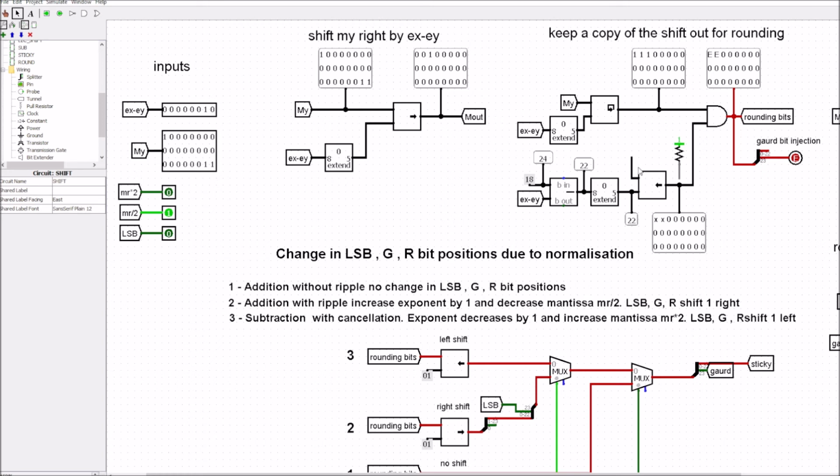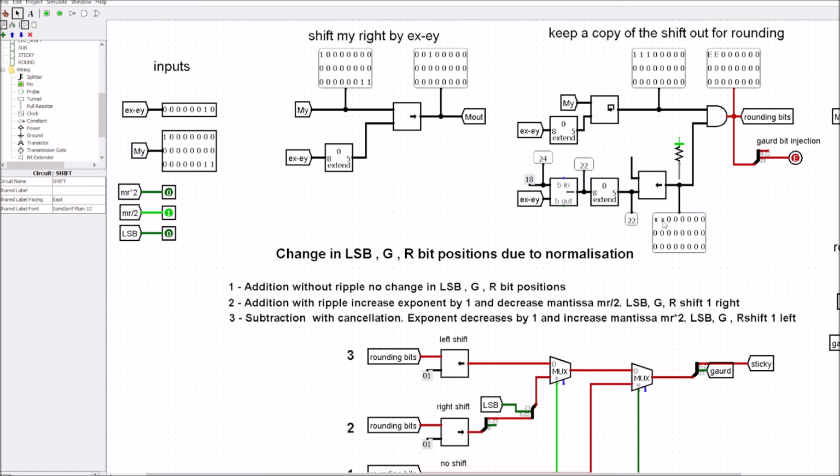But what we can do is negate this error by just pulling this point high, and that's what I do with this resistor connected to a value of 1. It just pulls this point high. So rather than getting the don't know condition XX, it replaces the don't know condition with a value of 1, which is exactly what we want.